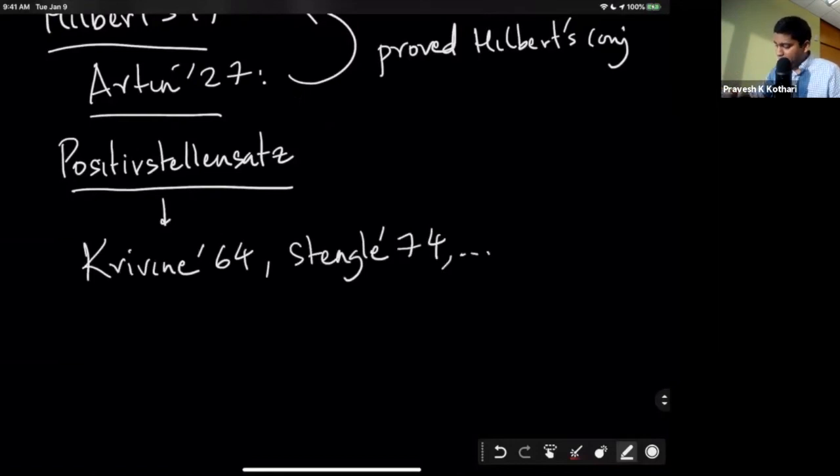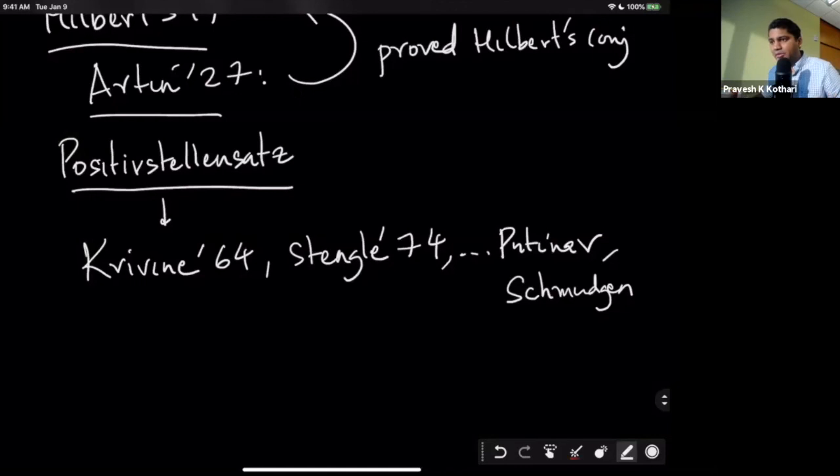There are also improvements due to Putinar and Schmüdgen. In some sense, the attempt is to make as little assumption on the domain as possible and prove representation results for positive polynomials. These results guarantee that SOS certificates of non-negativity exist on other domains.